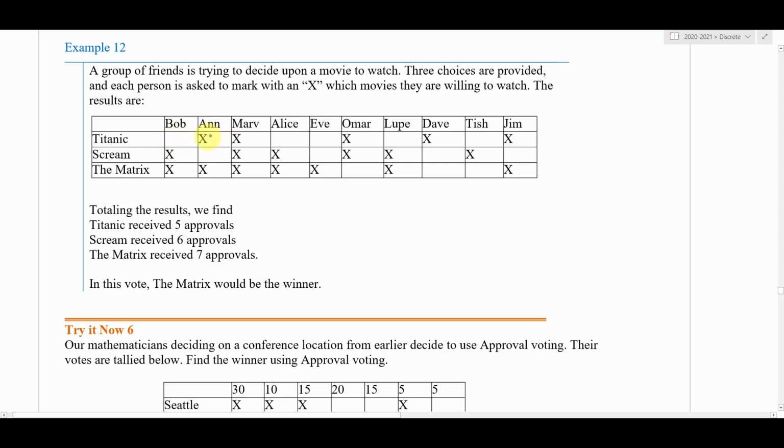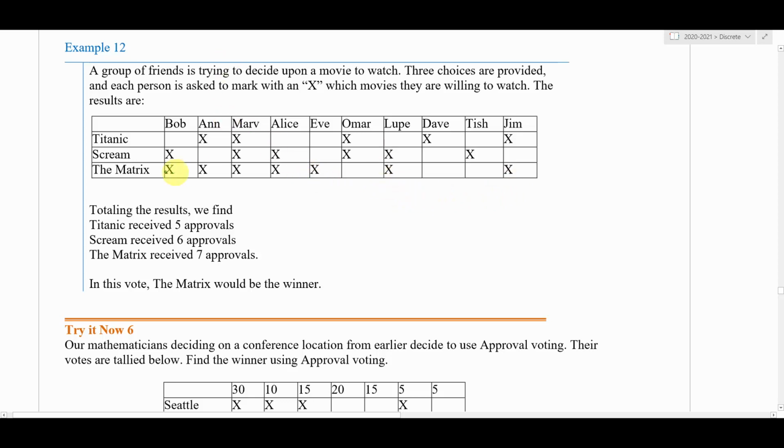So Titanic got 1, 2, 3, 4, 5 approvals, right? So we would say Titanic received 5 approvals, and we go through and count them up for Scream. So 1, 2, 3, 4, 5, 6. So Scream got 6 approvals, and The Matrix got 1, 2, 3, 4, 5, 6, 7.